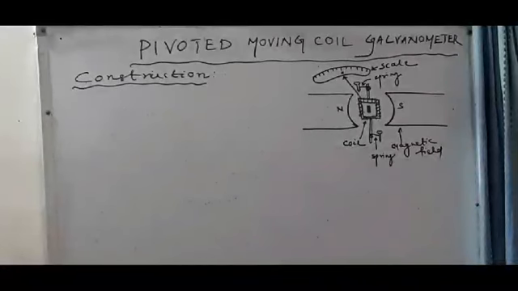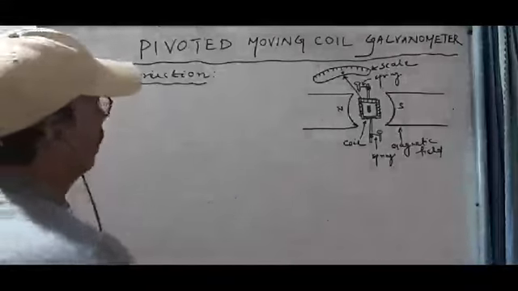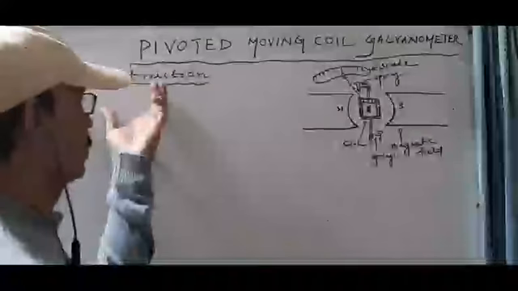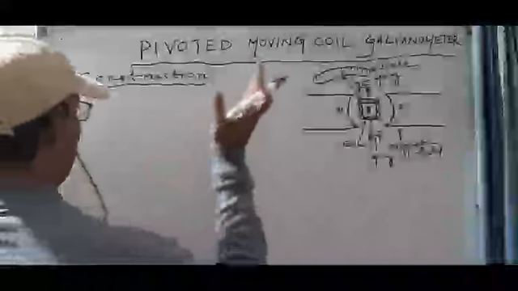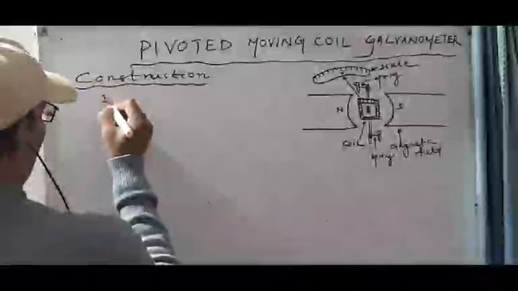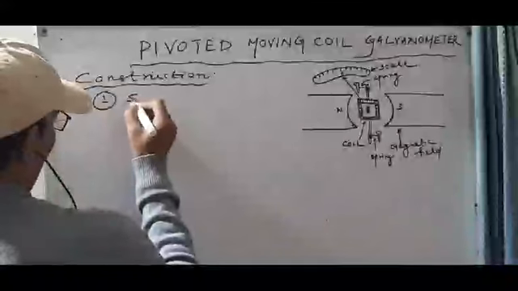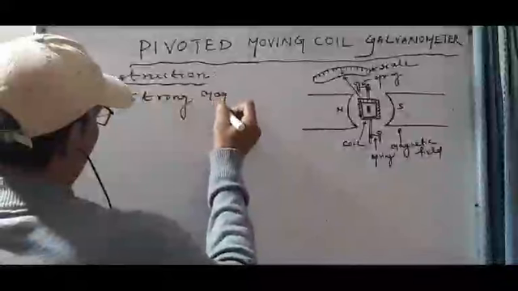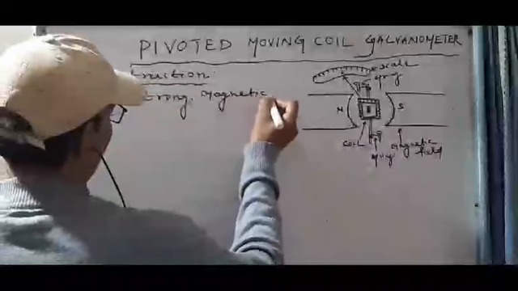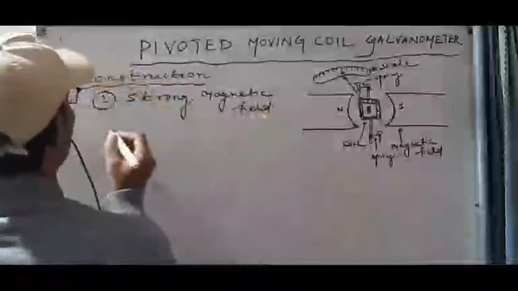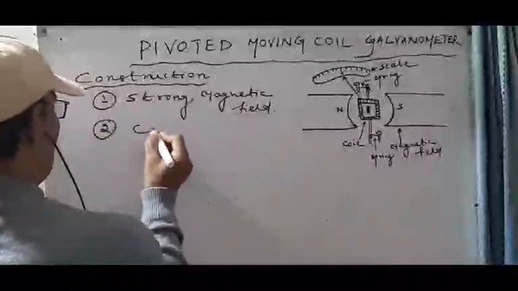So let's discuss the pivoted moving coil galvanometer, its construction. Basically, the main parts of this are: number one, strong magnetic field. Number two, coil.